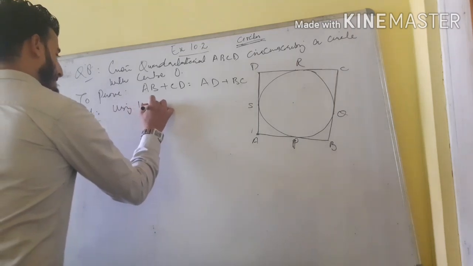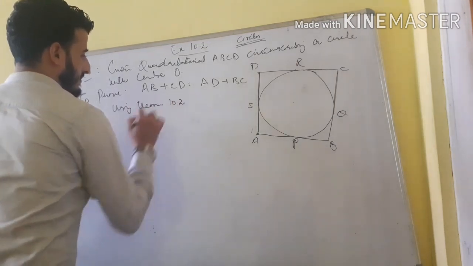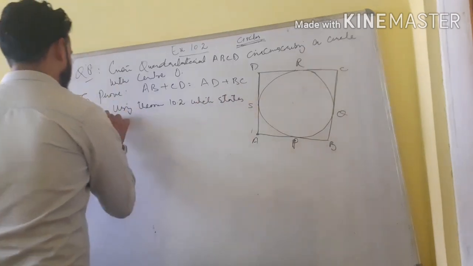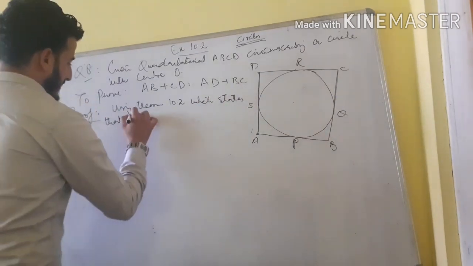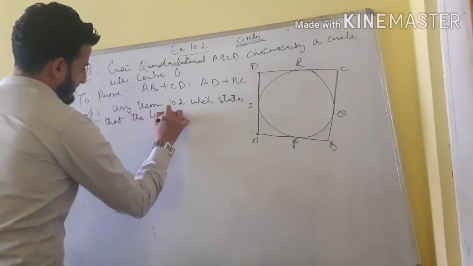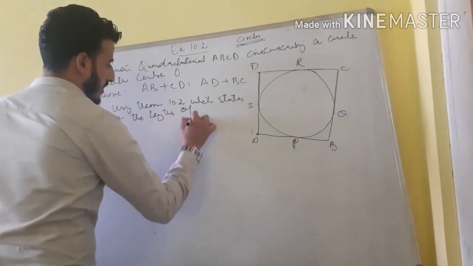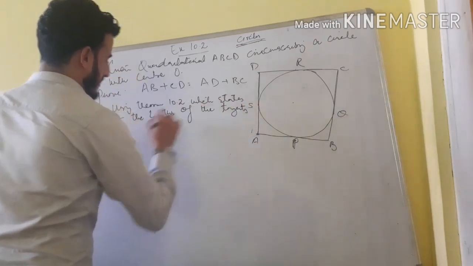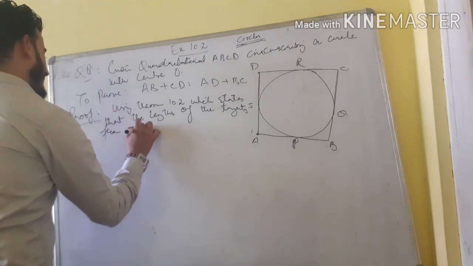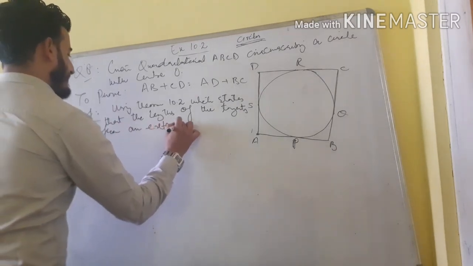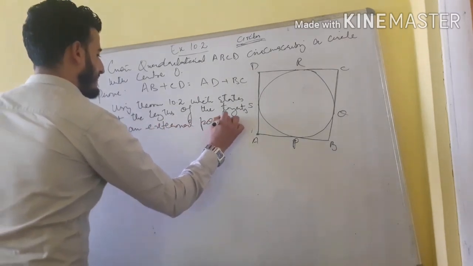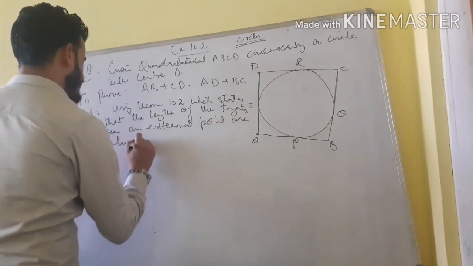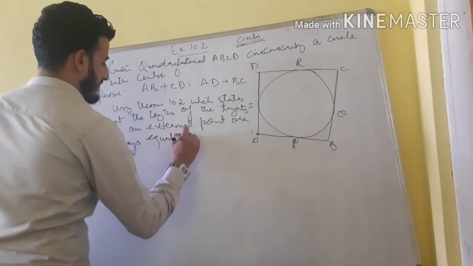So we are going to use theorem 10.2, which states that the lengths of the tangents from an external point are always equal.